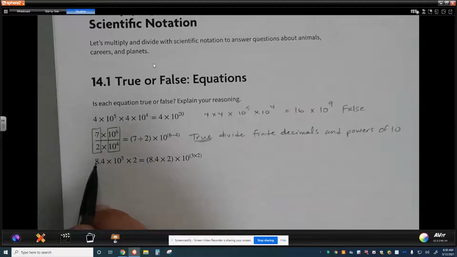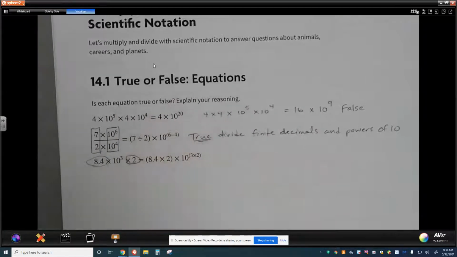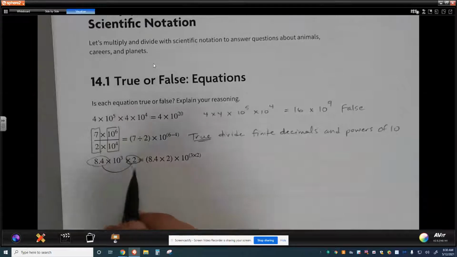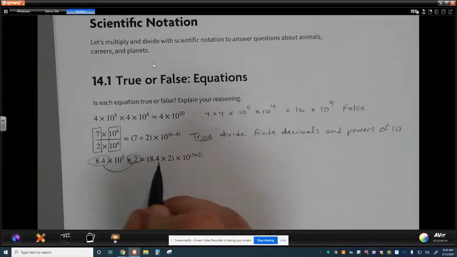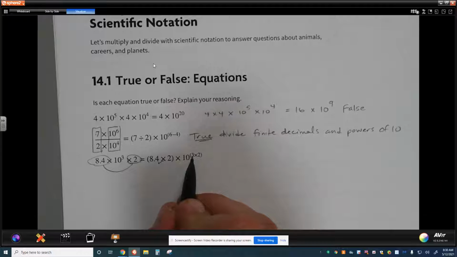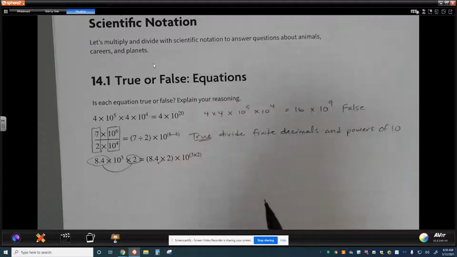The final one, 8 and 4/10 times 10 to the third times 2. 8 and 4/10 and 2 are a type of like terms because they are both a value that does not have any powers or is not multiplied by any type of power. We see this part, this is good. And then we see 10 to the third times 2.